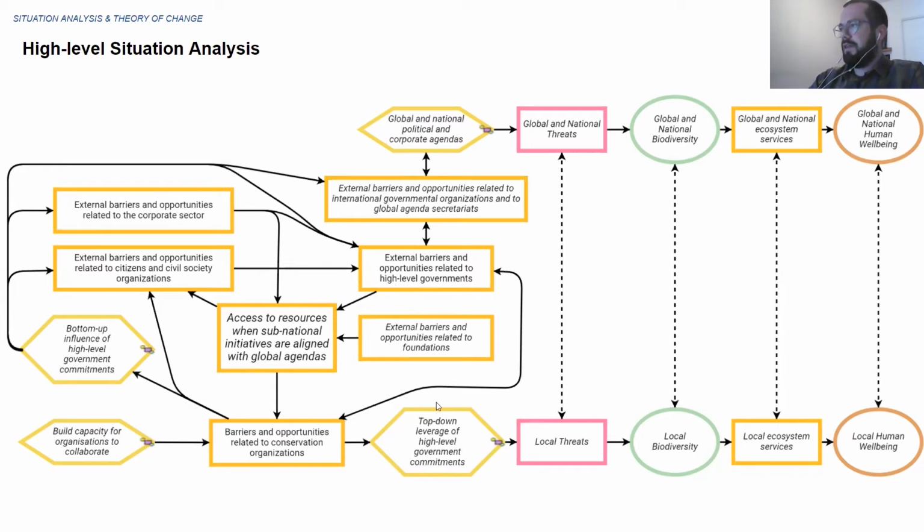We've identified two main strategies that conservation organizations can adopt when working with global agendas. Either you're trying to implement on-the-ground conservation projects, so that's the top-down strategy here below, and you're trying to leverage the global agendas so that you can increase the impact of your project.